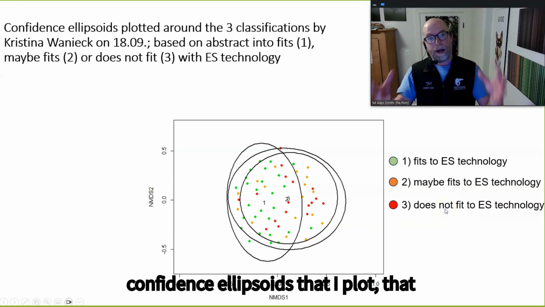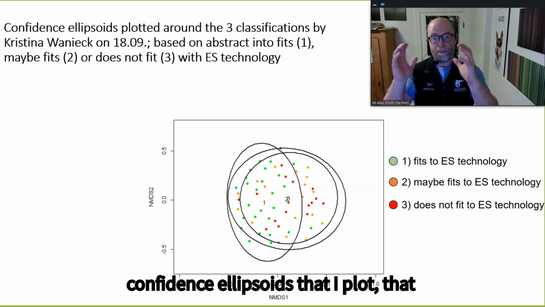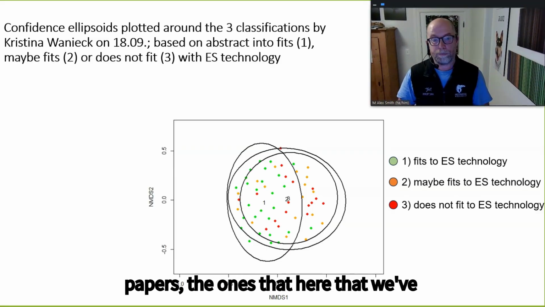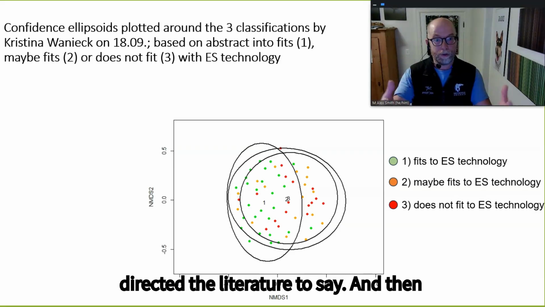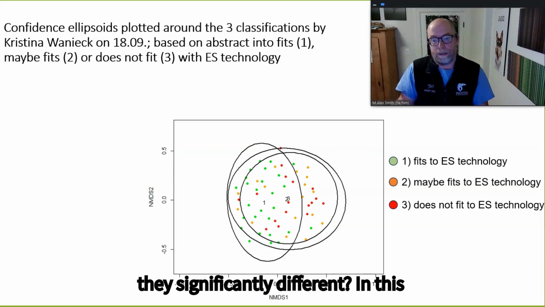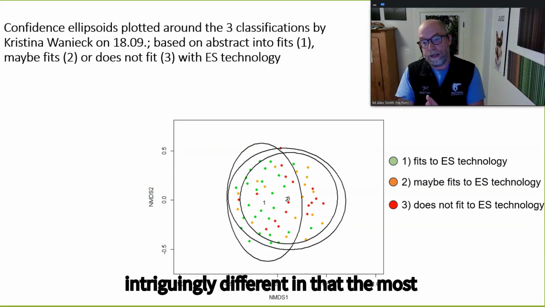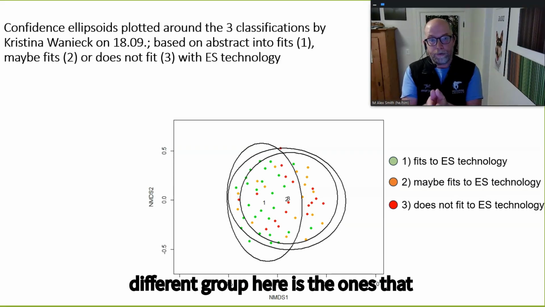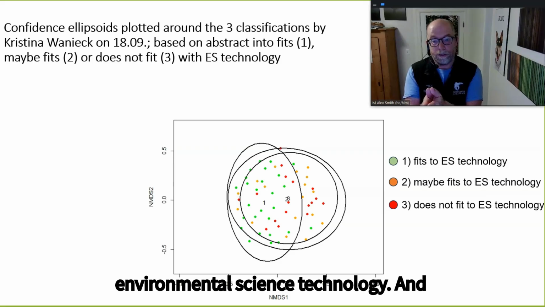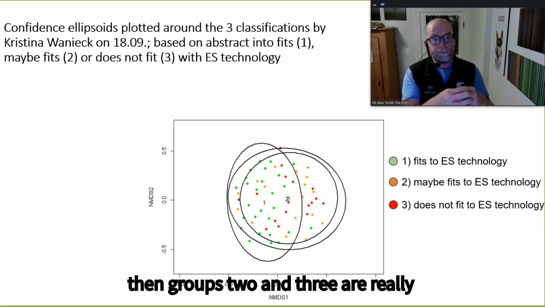These are 95% confidence ellipsoids that you can plot around those communities of papers that we've directed the literature to, and then we can conduct tests to see whether they are significantly different. In this case, they're not, but they're intriguingly different, in that the most different group is the one that Christine identified as fitting the environmental science technology, and groups 2 and 3 are really similar.